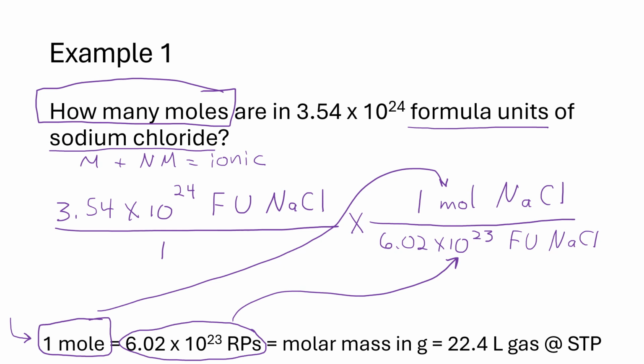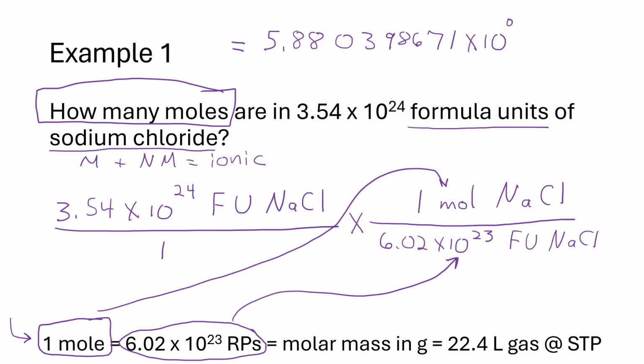Enter. And that gives me an answer. Let's see, I marked this up so much. I'm going to write the answer up here on the top. My calculator is saying 5.880398671 times 10 to the 0.